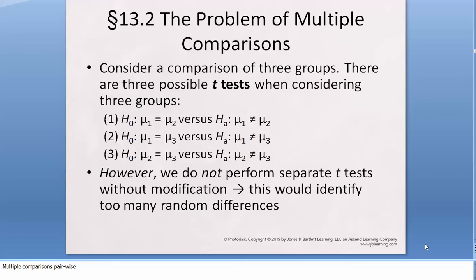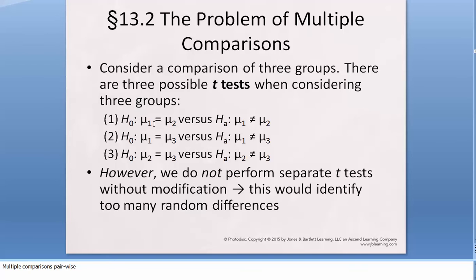Remember in the binomial, n choose r is a formula which will give us the number of pairs. So here, the number of groups is 3. Out of 3, how many pairs can you make? It is 3 choose 2. Just to let you know how we can use what we have learned. If you figure out 3 choose 2 using factorials, you will get 3, and that is why you have 3 different null hypotheses.